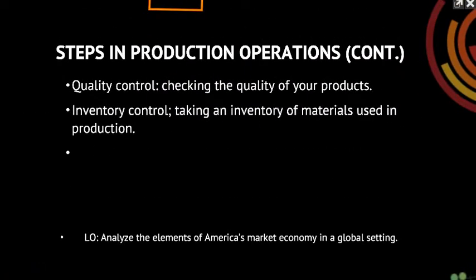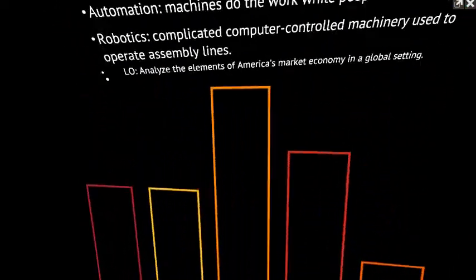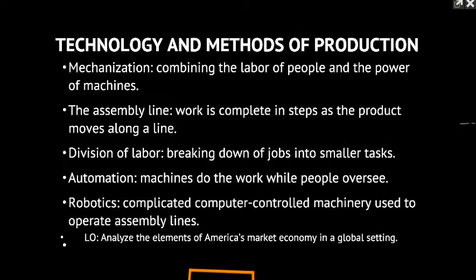Quality control is checking the quality of your products. And inventory control is taking an inventory of the materials that are used in production. Mechanization is the combining of the labor of people and the power of machines.